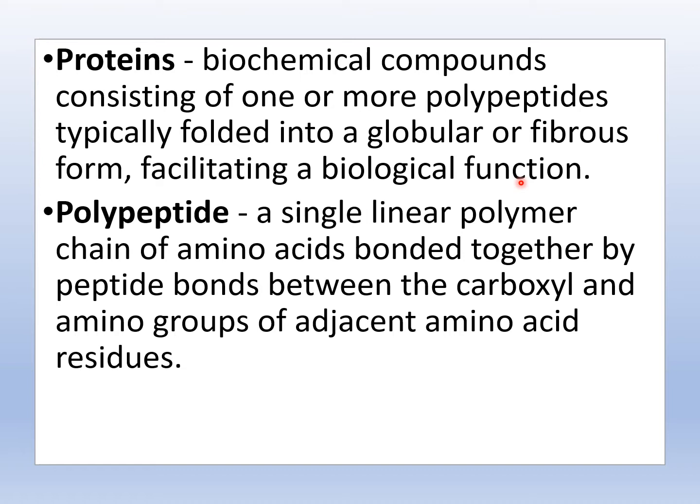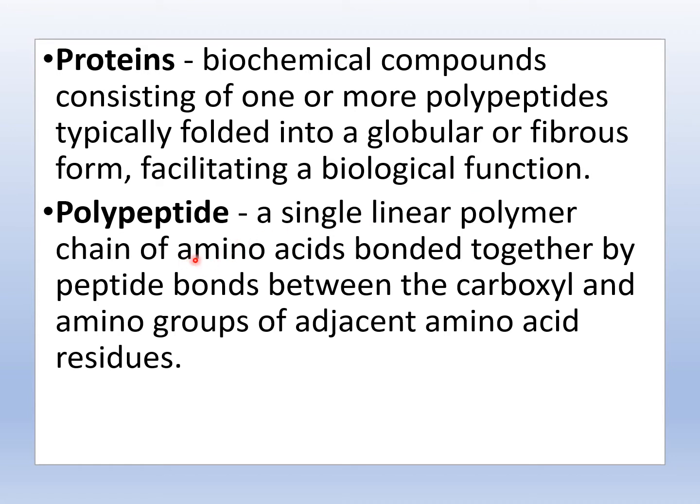So there are proteins that are globular in shape. There are proteins that are fibrous in shape. And depending on the shape of the proteins, we would be able to know what would be the function of the proteins, what are their roles in the biochemical process.